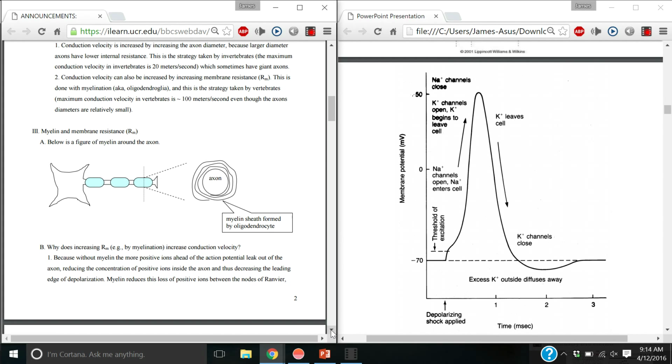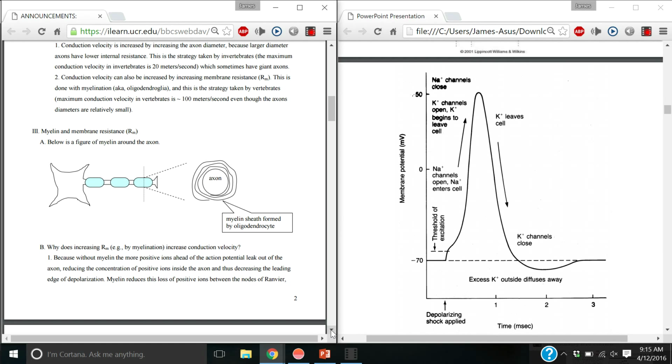The sodium ions will flow down, trapped inside, flowing rapidly down under the oligodendrocyte to a node of Ranvier, and there you have a concentration of voltage-gated sodium and voltage-gated potassium channels. And basically, you get the action potential recharge, starting over again. Sodium flows in, travels down under the oligodendrocyte to the next node of Ranvier, regenerating the action potential.